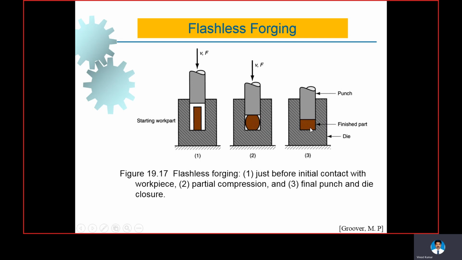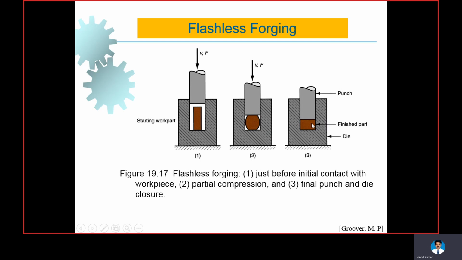Then the final finished product: you can see the material is confined, there is no wastage of material, and there will not be any flash formed in flashless forging. But normally this is applied for very simple and symmetrical products.